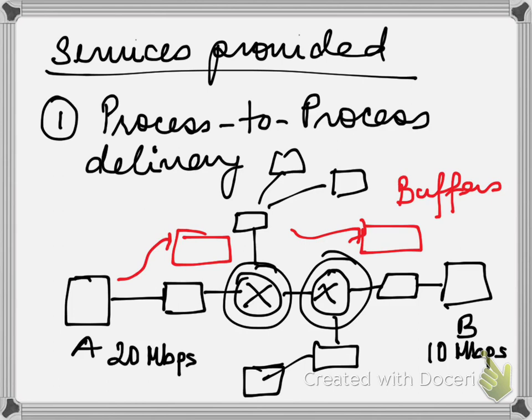So that's all in this particular lecture on services provided. We are going to look into details about every service that is provided, and then we are going to look at some specific protocols of the transport layer and see how each of these services is provided in these protocols.